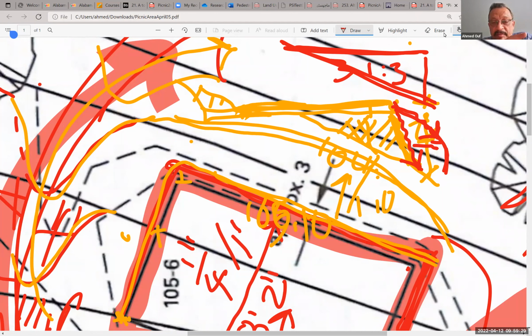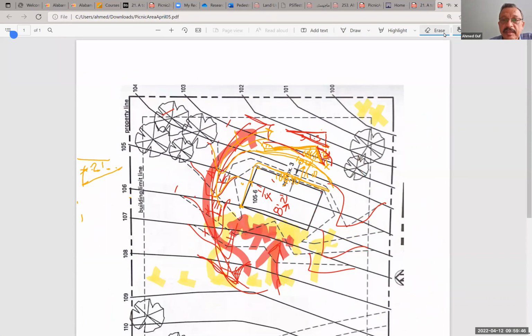It just stabilizes the earth, so it doesn't move with the rain. So let me go back to here. Okay, let me clean it again, and I will try to do this again.